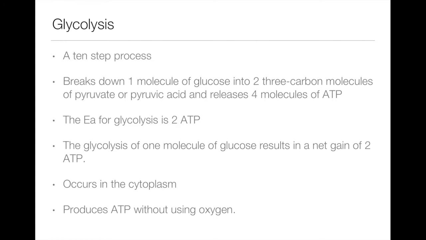It is a multi-step process, and actually a 10-step process that breaks down one molecule of glucose. How many carbons does glucose have? Let's remember our biochemistry lessons. Just remember the formula for glucose: C6H12O6.